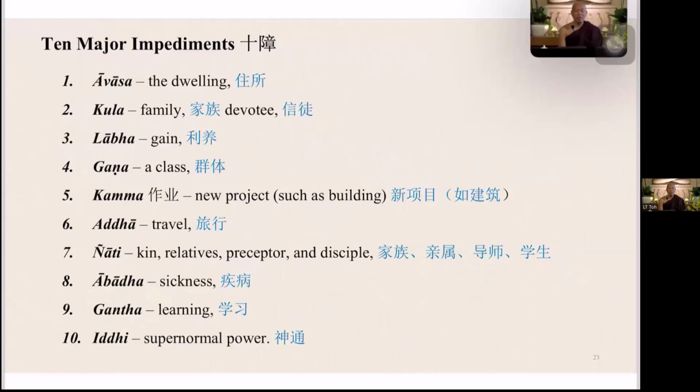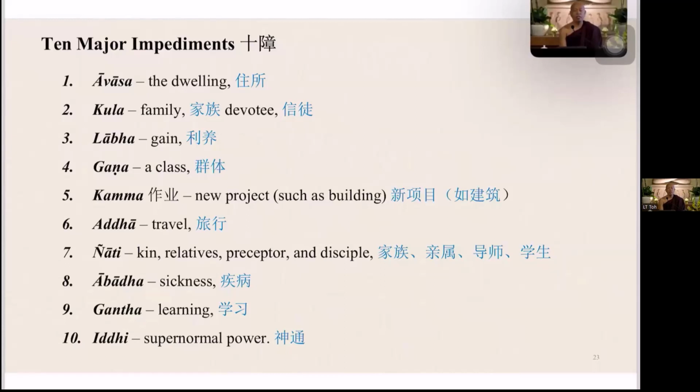Then again, nyati: kin, relatives, preceptor, disciple, mentioned here, right? That means our relatives can also be an impediment. We have to be busy for our relatives and take care of them. This is also busy. Another thing is the preceptor.